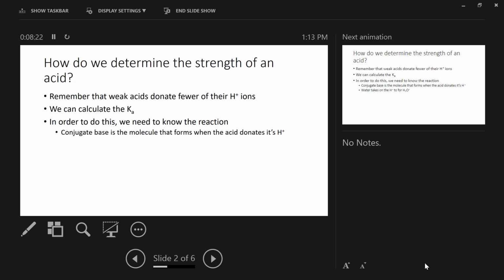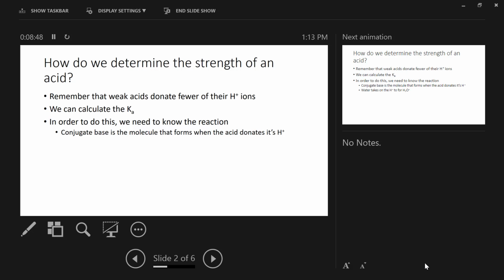Okay, so we had this. I just showed you a reaction, and I said a strong acid donating all of its hydrogen ions does not mean that this acid is going to get rid of both its hydrogen ions. Instead, what it means is this. Okay, that's what it means.